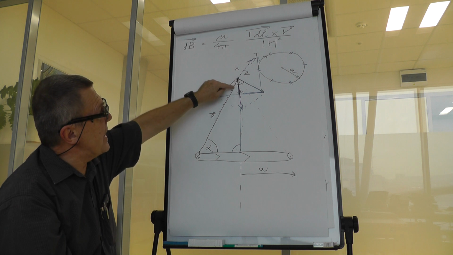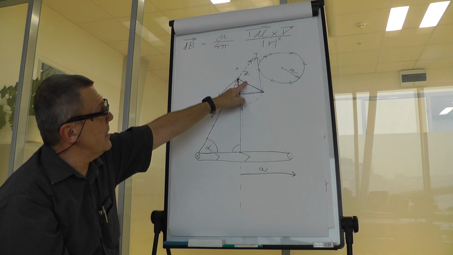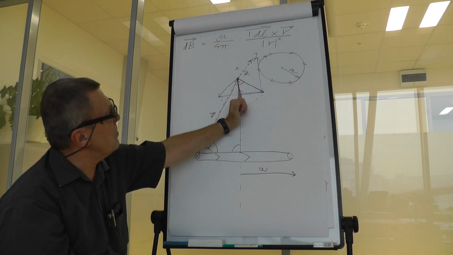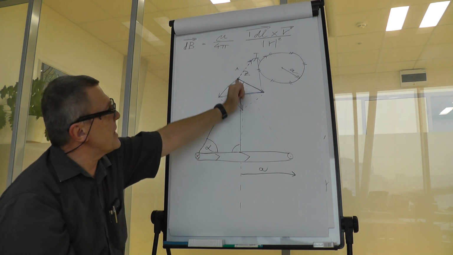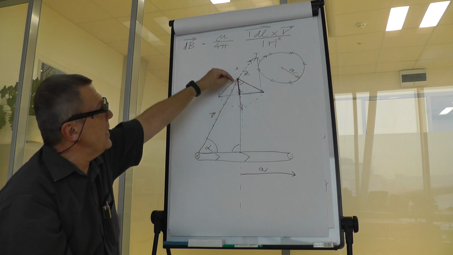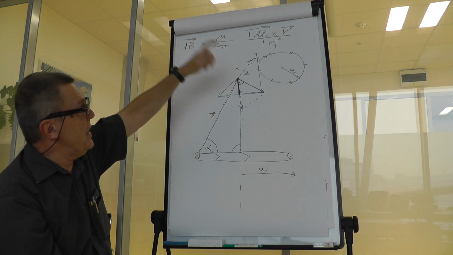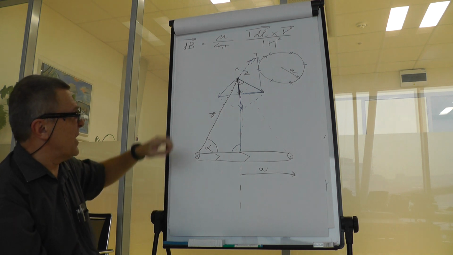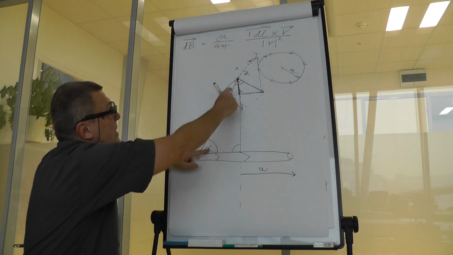Now if this angle is right, it means that it is cut by this side of the triangle into two parts, and these two parts must be in the same division, like this angle and this angle.